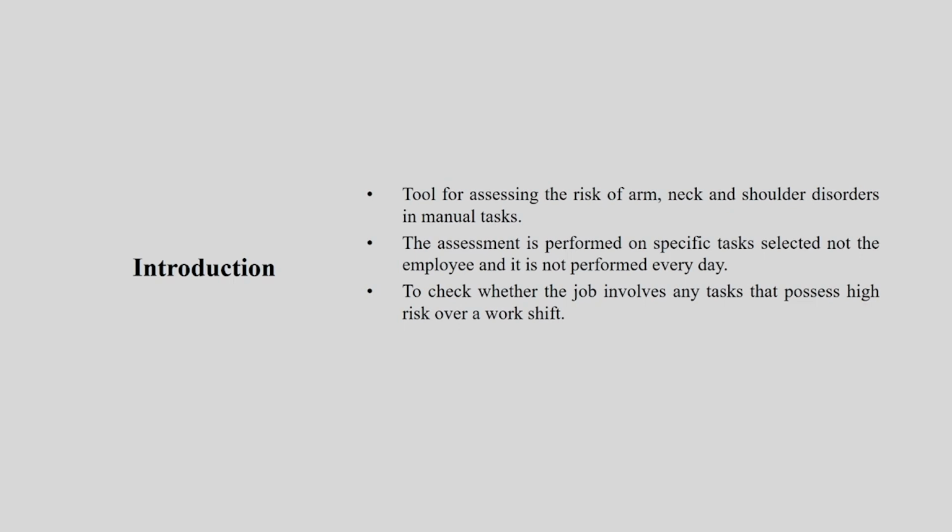It checks whether the job involves any task that poses high risk over a work shift. So we consider the status of that particular task in the whole job or work shift, and that we are going to understand through this.